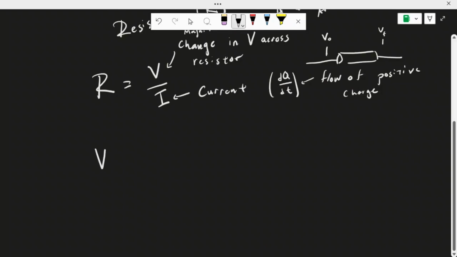So this actually lets us know that the voltage drop across the resistor is equal to the current through that resistor times the resistance of that resistor. So this is the voltage drop. And this is the current. And this is the resistance.